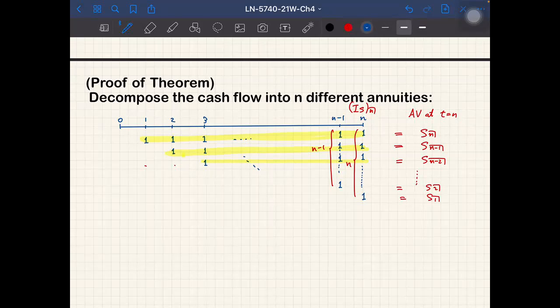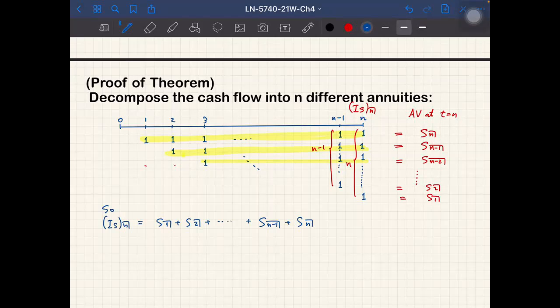So this means that (Is) angle n is equal to s angle 1 plus s angle 2 plus up to s angle n.